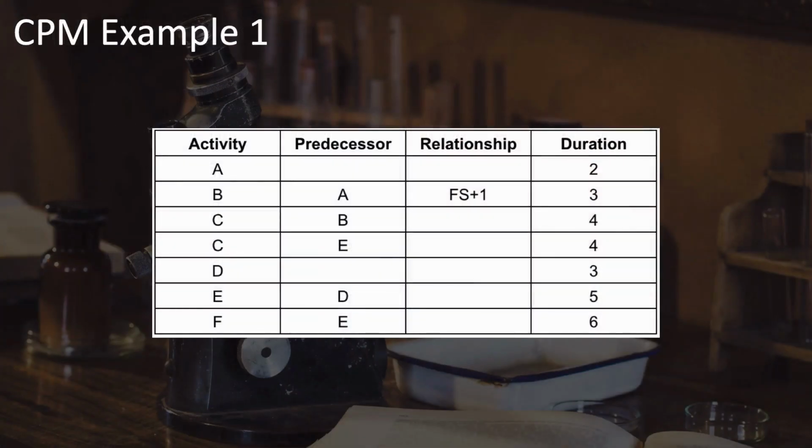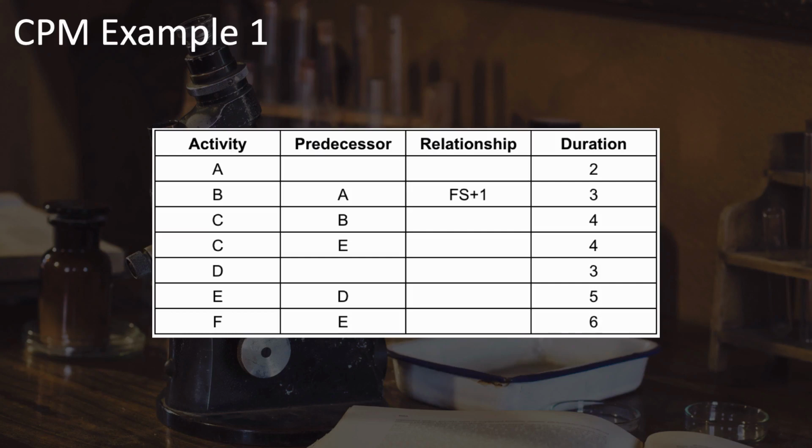Let's start with a simple example. Here we have a list of activities, their durations, the predecessor activities, and the relationships between these activities and their predecessors. Activity A has no predecessor. Neither does activity D. Activity A has a duration of 2 days. D has a duration of 3 days.